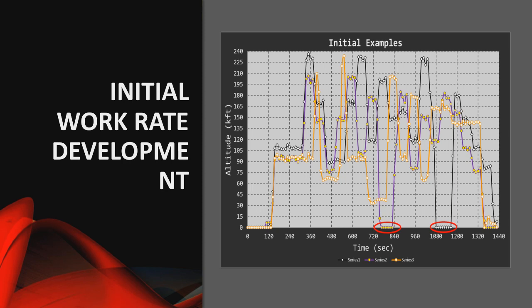But what we did here were people that were in a little bit different, for lack of a better term, fitness levels. We varied the time frames and the work rates that they went to across the altitudes that were shown before. And we did stumble across a couple times that are circled in red down here, where in pushing to the work rates we had originally anticipated, they basically couldn't complete the work.